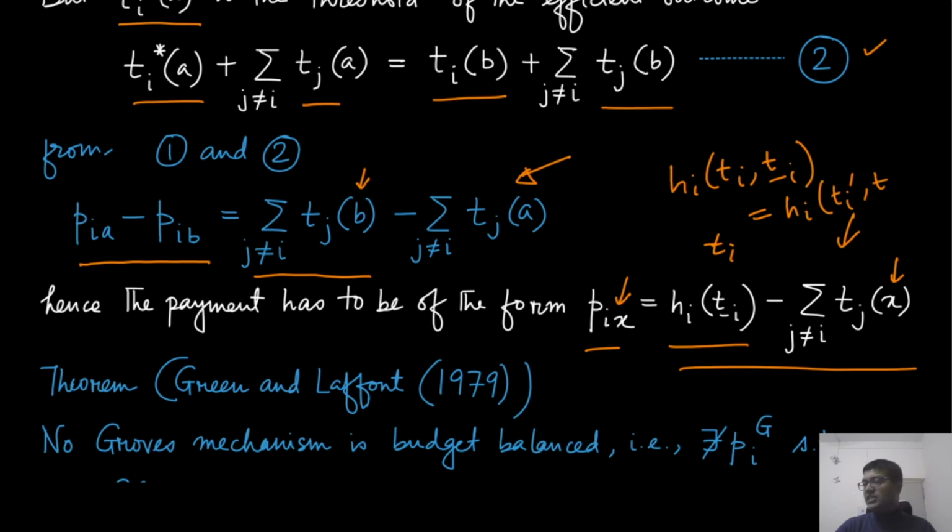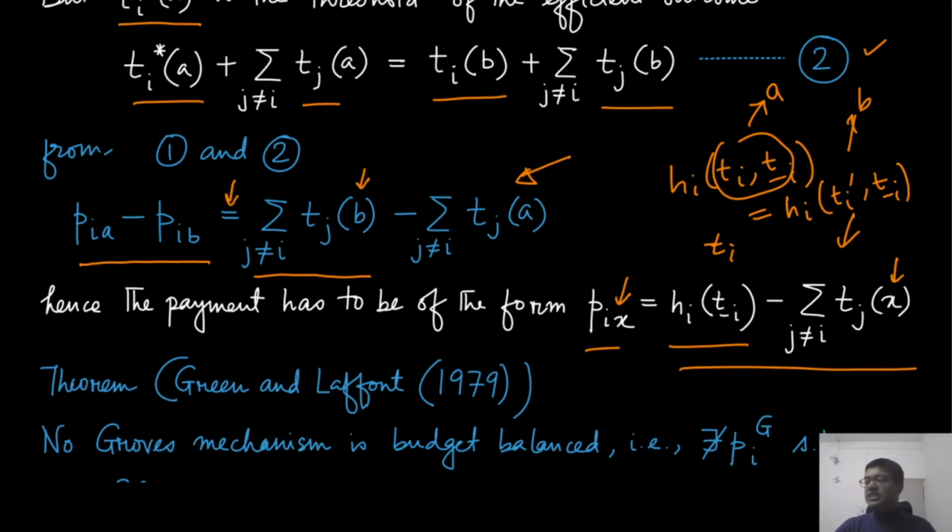Let's say t_i prime and t_minus_i. So if this gives an outcome of A, and if this gives an outcome of B, they better be the same. So it should not happen that they are different, because if they are different, then this equality cannot hold.